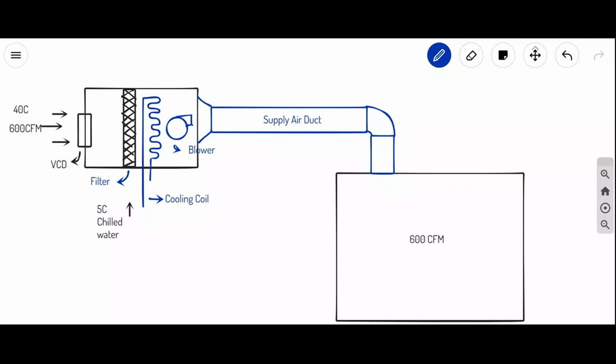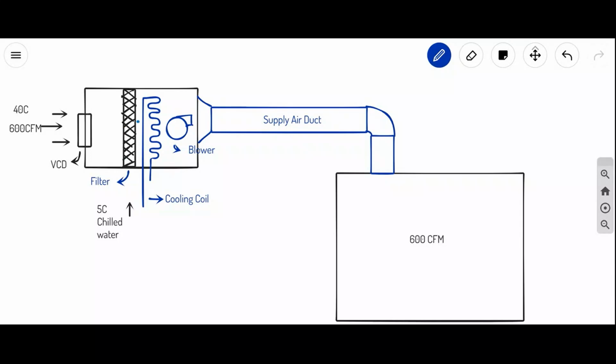Now as we go with supply air duct, we are taking the air from outside, we are filtering.